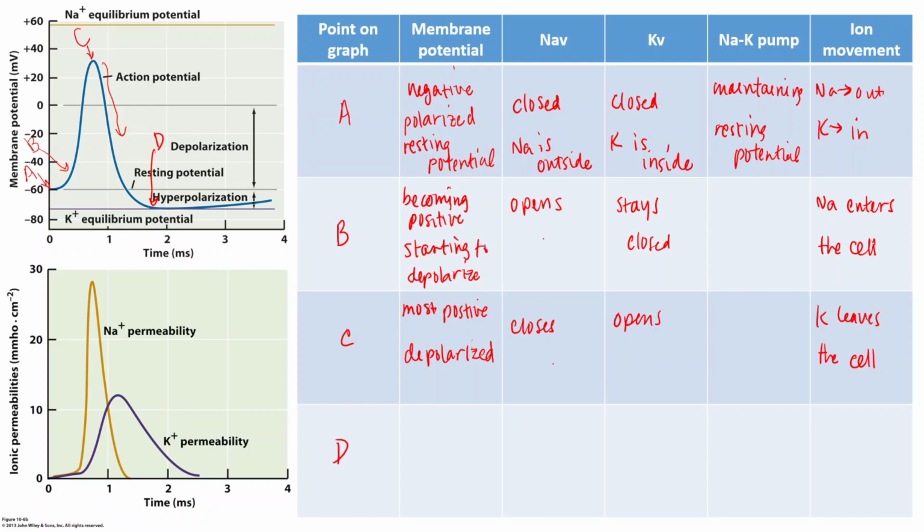So our membrane potential is negative, and it's the most negative that it's going to be during this process. And so what do we call this state? Hyperpolarization, exactly.